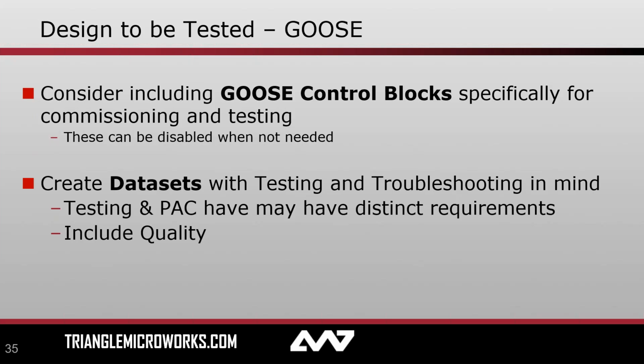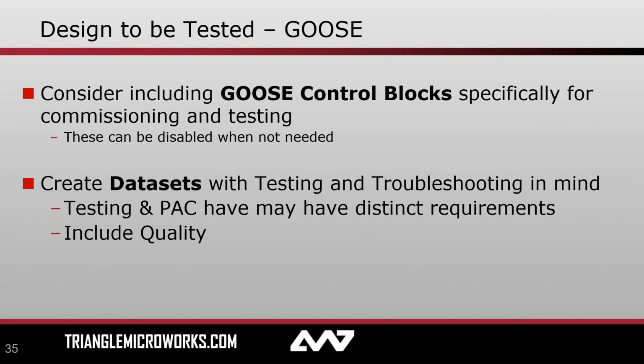If you do create your client and configure it to subscribe to these Goose messages, then if you're doing a network configuration automatically based on your SCD file, those Goose messages would be routed to that client. You won't be moving your testing tool around to different points on the network in order to capture the data that you need. It can all be funneled by the switches to the point where you're planning to connect your testing device. Additionally, you can consider creating custom Goose control blocks that are specifically used for testing.